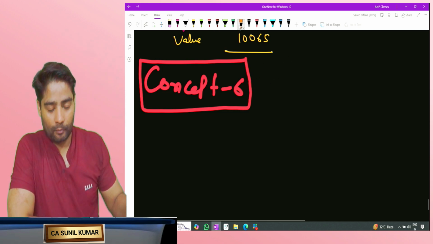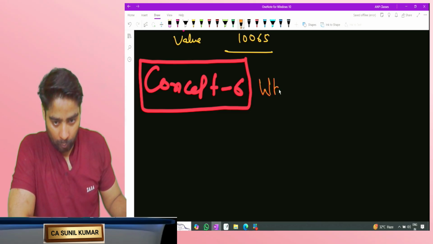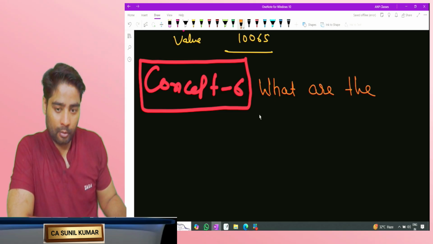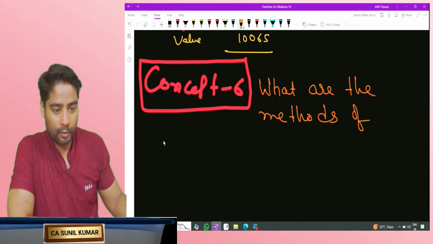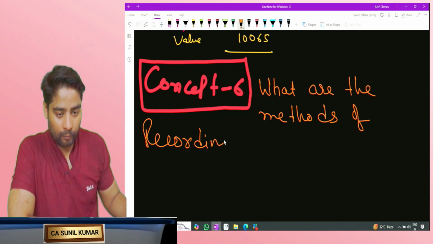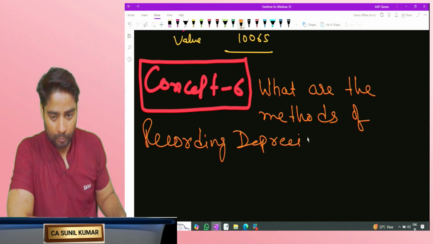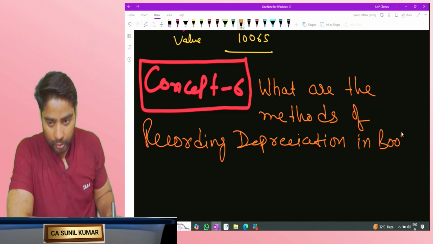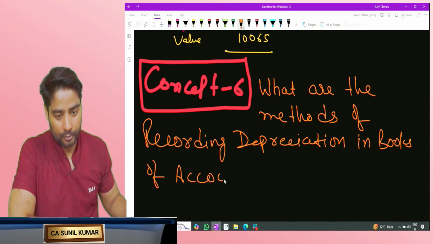Write down: what are the methods of recording depreciation in books of accounts.